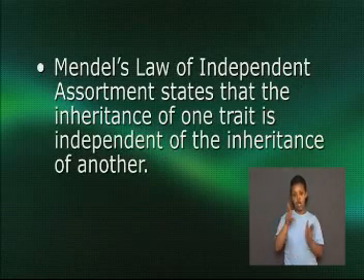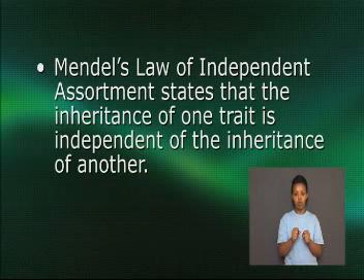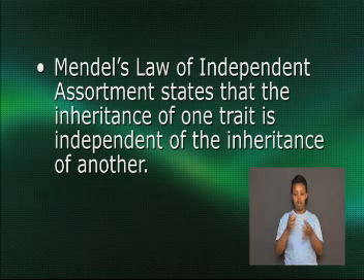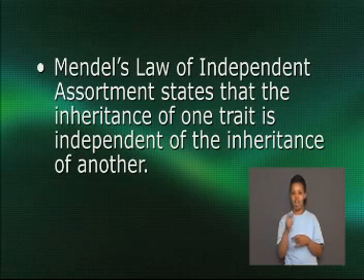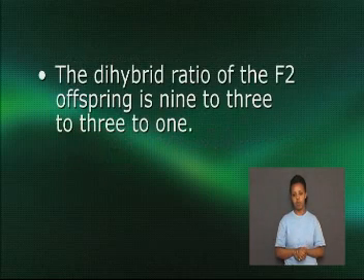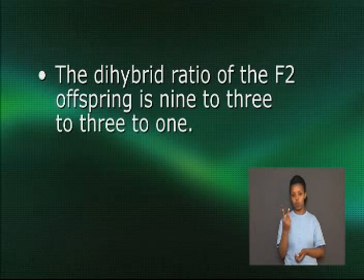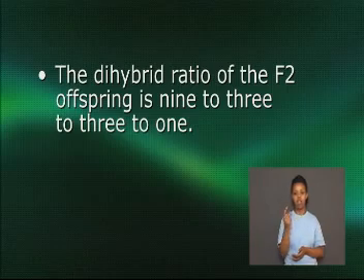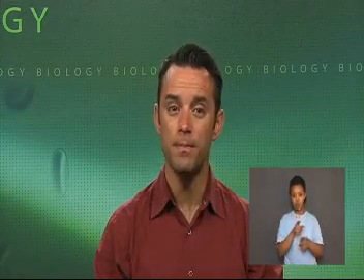Mendel's law of independent assortment states that the inheritance of one trait is independent of the inheritance of another. The dihybrid ratio of the F2 offspring is 9:3:3:1. Did you write down the same answers? If so, you are certainly paying attention today. Great job.